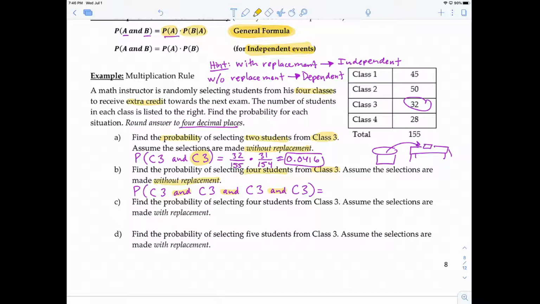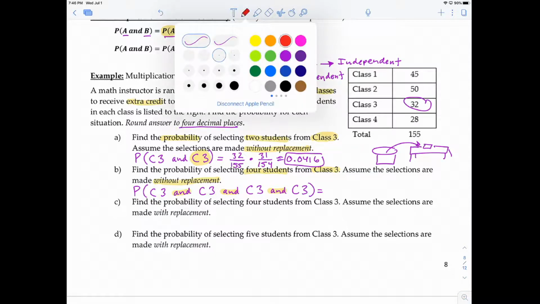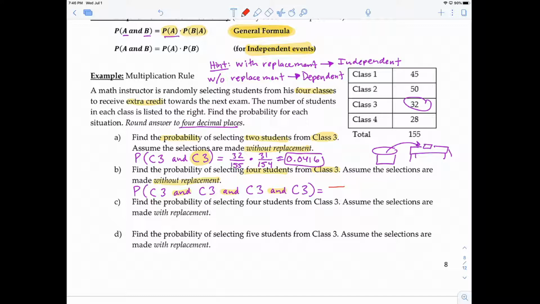The first fraction would be the probability that the first student is from class 3. How many different ways can we select a student from class 3? Well, 32 ways, right? 32 out of 155. And again, this is made without replacement. So we take a name out, we place it on the side, and we do not put that name back in, right?